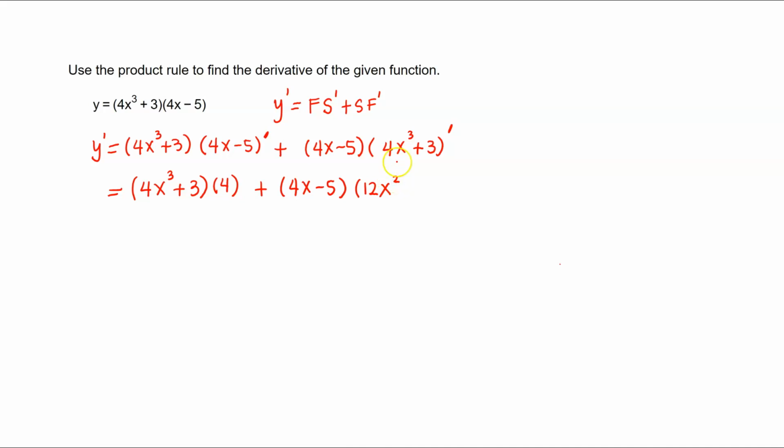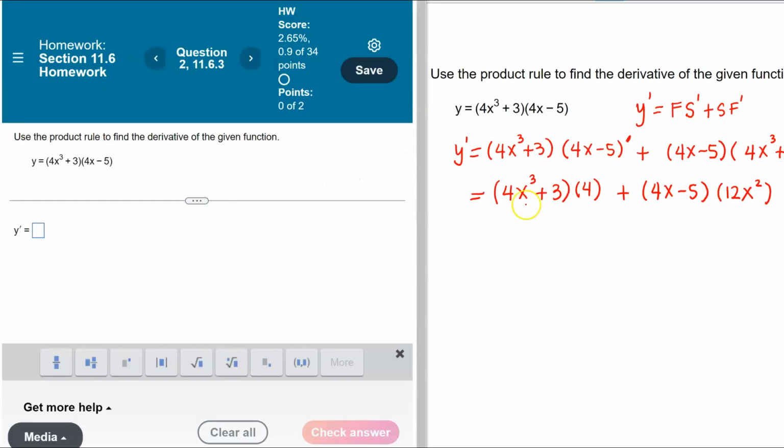And the derivative of 3 is 0. Now, let's go ahead and plug this expression into your homework.